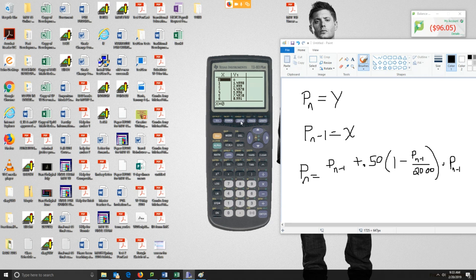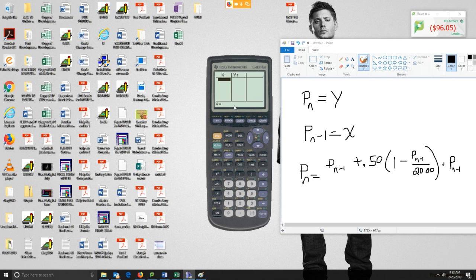So I'm going to go to second and window, and that will be table set. You want to change the independent variable from auto to ask. And then hit second table again. And that's going to allow me to put in the x values that I want.